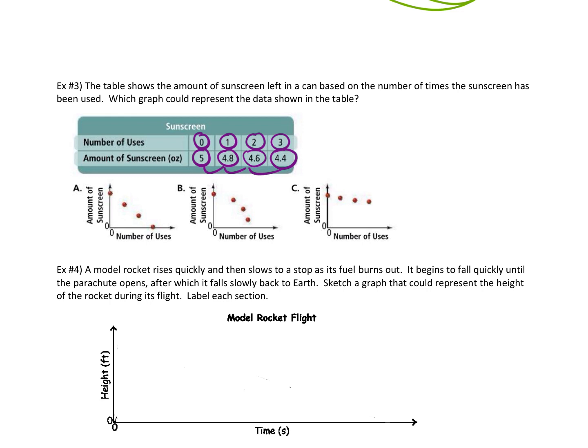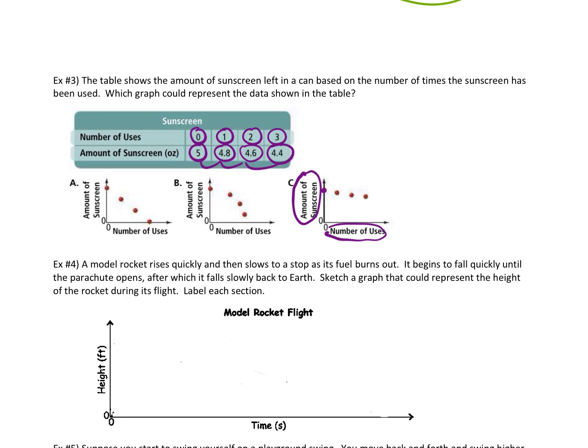So which one is it, Khalees? Why would it be C? If this is the amount of sunscreen, right, and this is your number of uses. So at 0 uses, there's 5 ounces, okay?